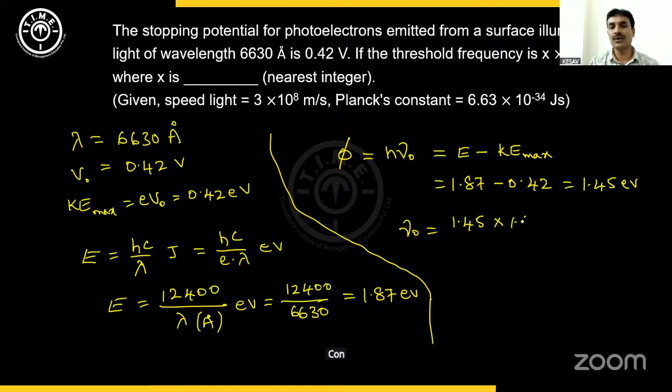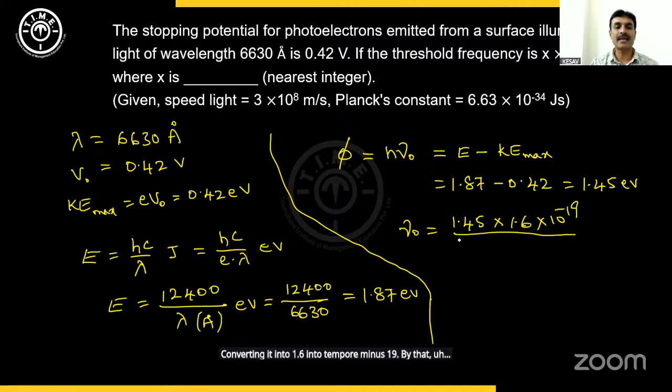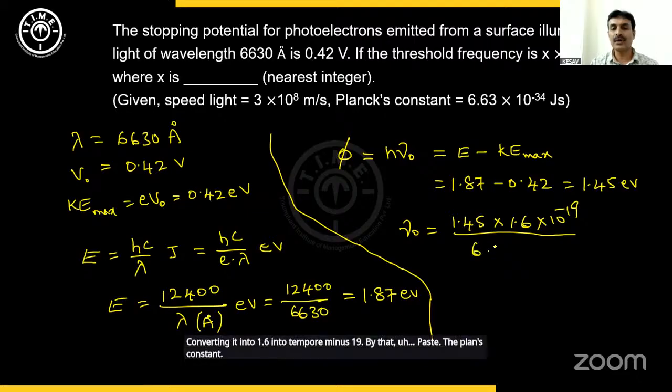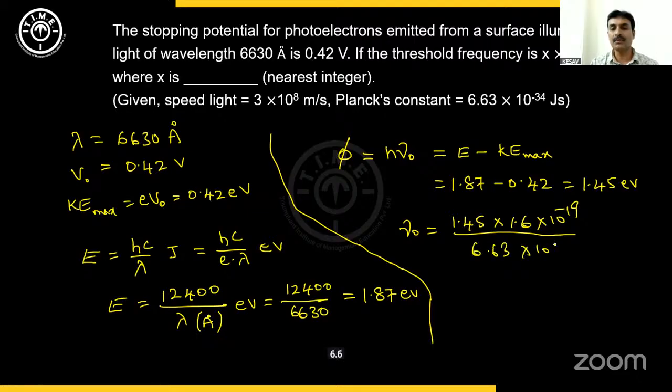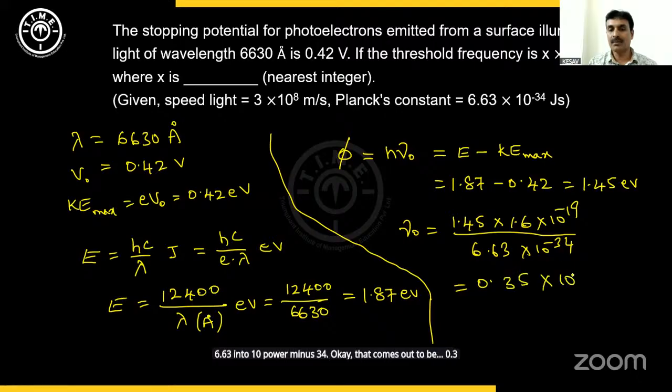Converting it into joule, 1.6 into 10 power minus 19, divided by h, the Planck's constant, 6.63 into 10 power minus 34. That comes out to be 0.35 into 10 power 15 per second.